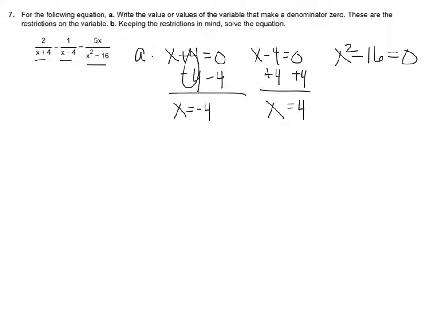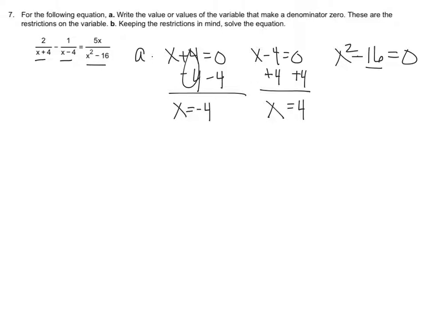This is a quadratic equation because my x is squared. It's also known as the difference of two squares. That's because x squared is a perfect square and 16 is a perfect square.